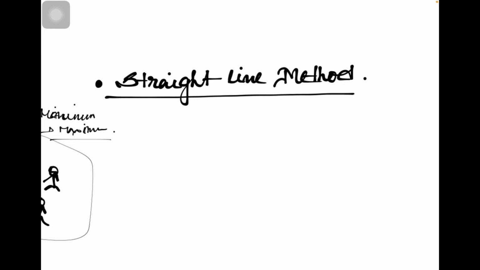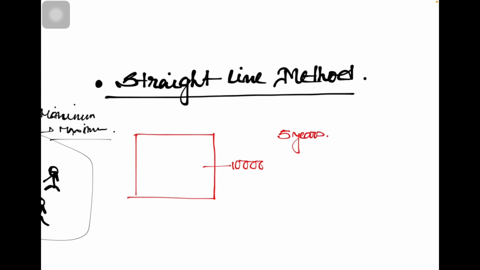Just a minute. Suppose this is the particular asset whose valuation is 10,000. And the life of the asset is 5 years. Now coming to the question, sir, we know after 5 years the valuation of the asset becomes 0.